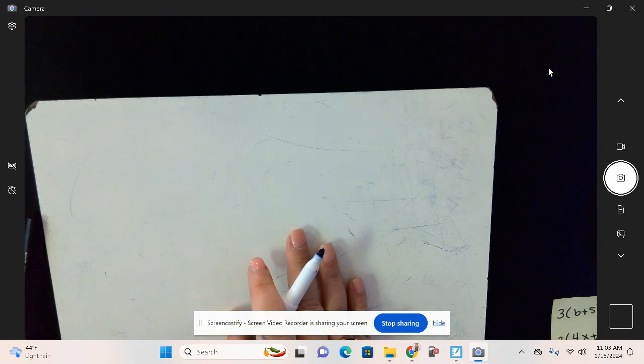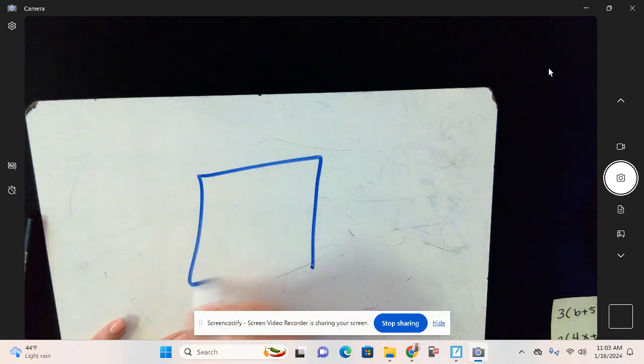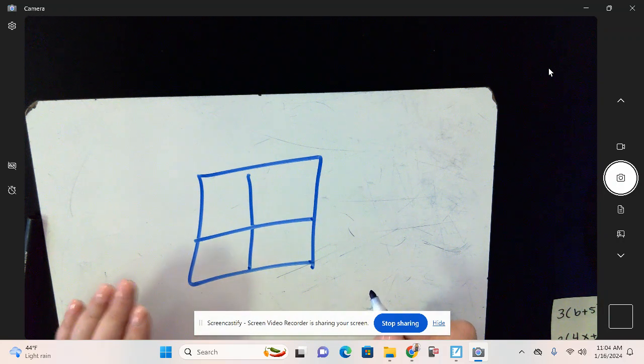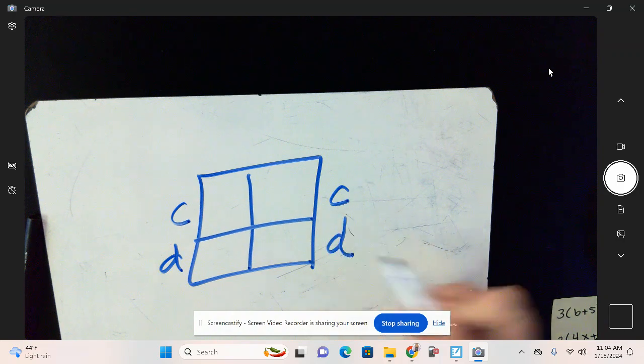So because I see the word ratio, I know I need to make a ratio box. Okay? And because I have a ratio box, that means I'm going to need labels. And according to my problem, it says the ratio of cats to dogs. So my two labels are going to be cats and dogs.